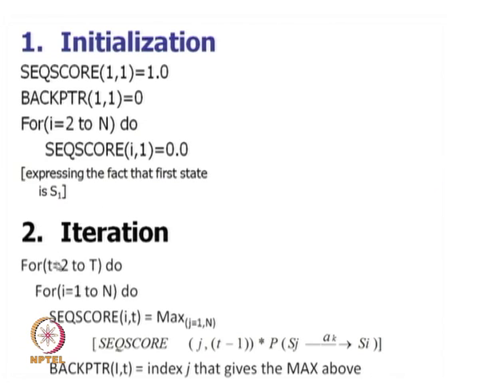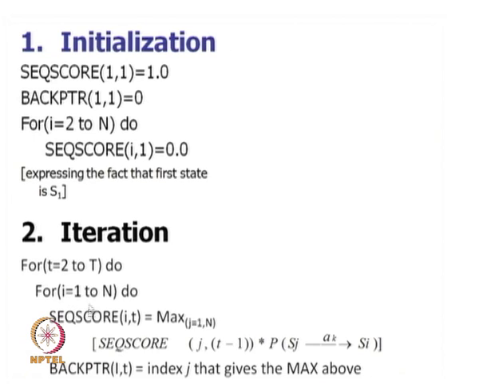Now comes the iteration step: for t equal to 2 to capital T do, for I equal to 1 to N do. This means we go over the observation sequence symbol by symbol, t equal to 2 to T, where capital T is the length of the observation sequence, and for every symbol in the observation sequence, we do an iteration over the number of states.